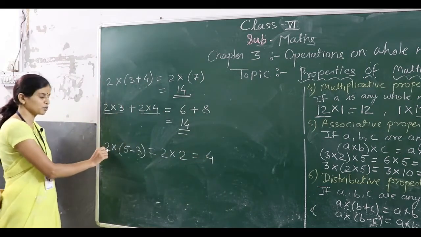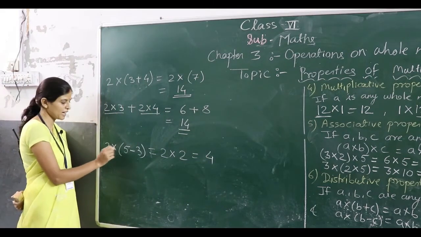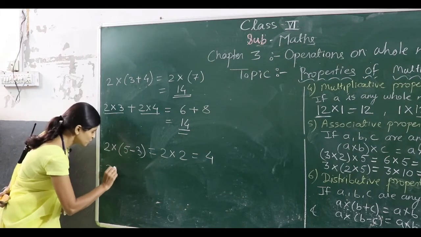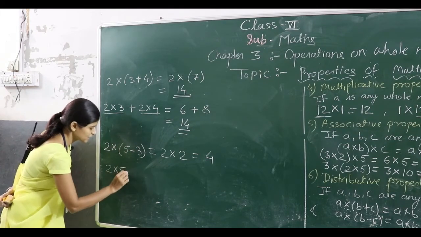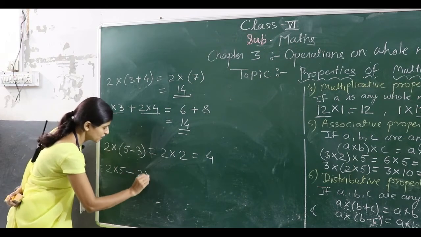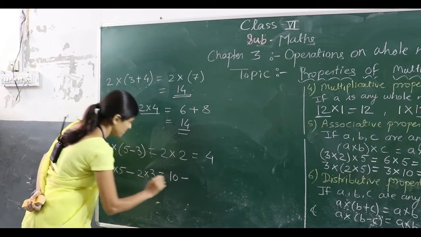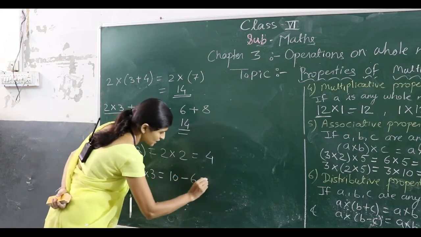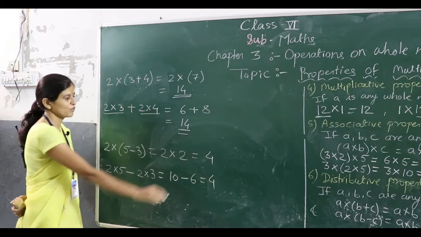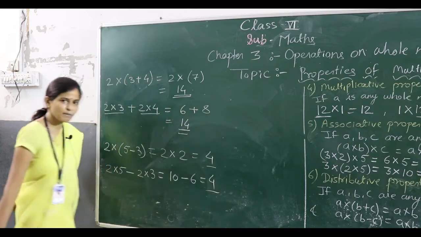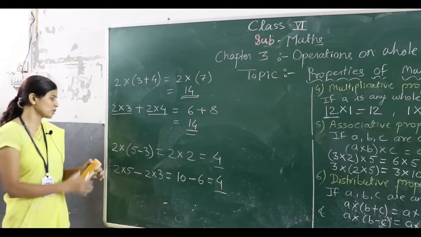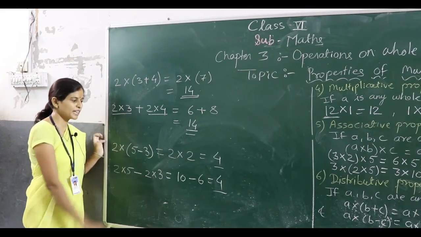Now we distribute this 2 over 5 and over 3. So 2 multiplied by 5, minus, subtraction is there, 2 multiplied by 3. 2 5s are 10 minus 2 3s are 6. Again we get the answer 4. In both conditions we get the same answer 4. Means if we distribute 2 over 5 and 2 over 3, we get the same answer.